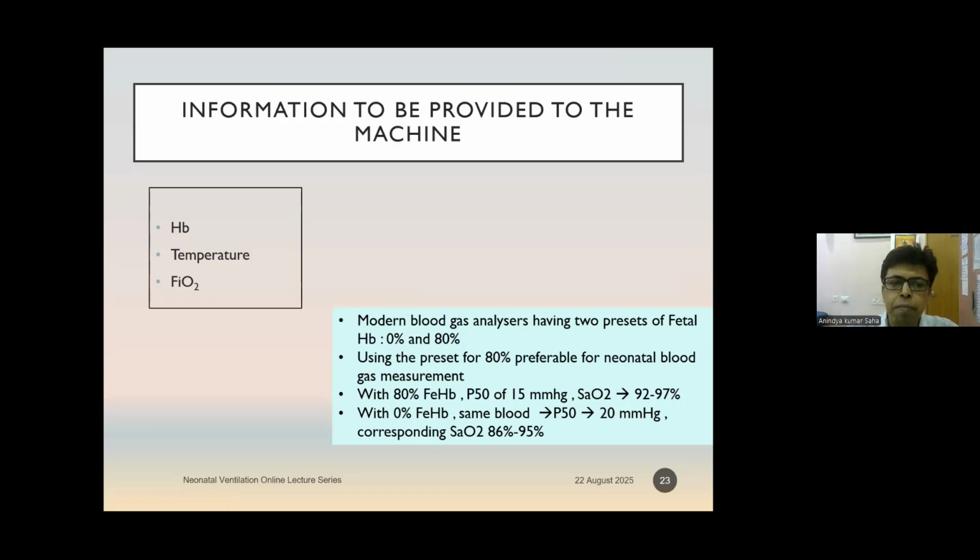But if my baby is on a ventilator with a higher FiO2, or a lower or higher hemoglobin, then the result will not be reliable for that particular baby. So in those cases, we have to feed the machine with hemoglobin and FiO2.